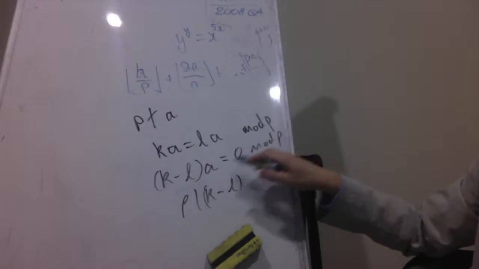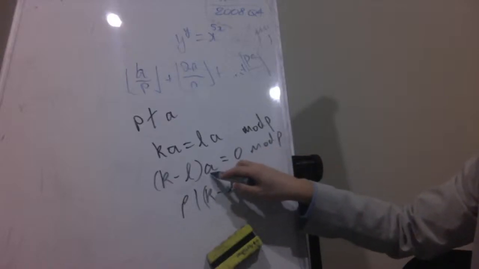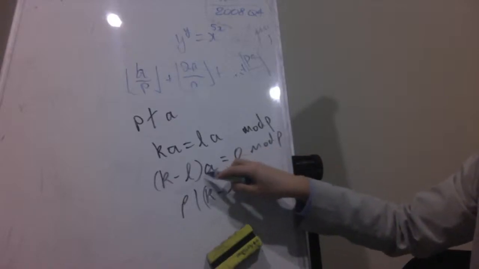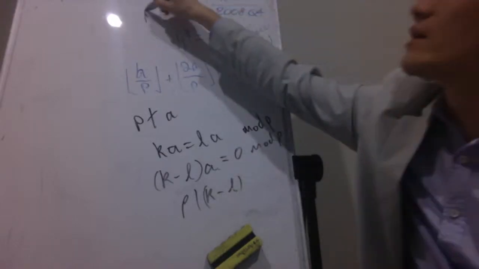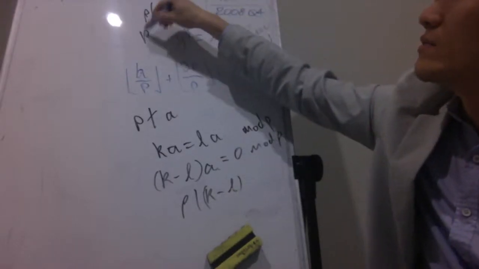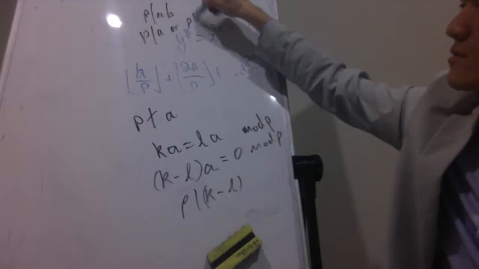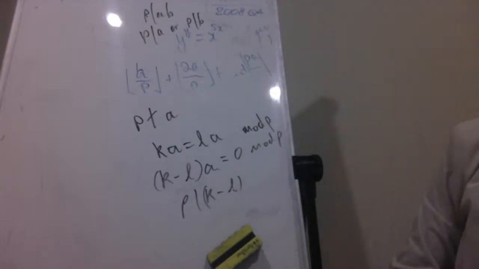Whenever a prime divides a product of things, it divides one of them, right? That's a key property of primes. If P divides AB, then P divides A or P divides B. This is something worth memorizing.